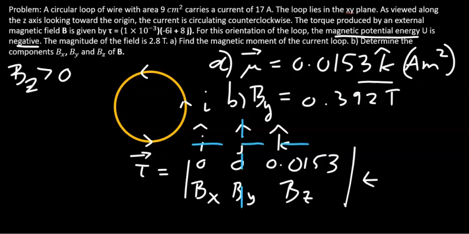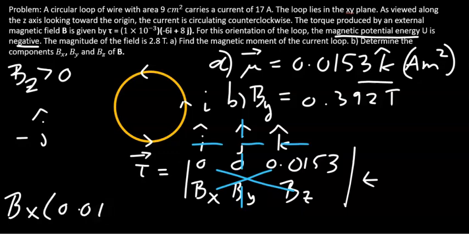Now let's look at the J component. We cross that out in two mutually perpendicular directions. So the J component, or the Y component of the torque, is this times that minus this times that. But then there's always a minus sign in front of J hat. So the Y component of the torque in this case is Bx times 0.0153.